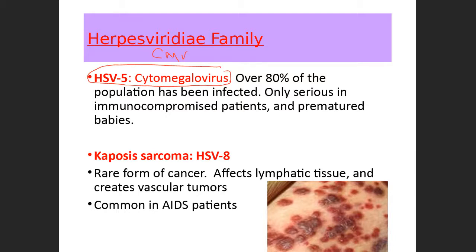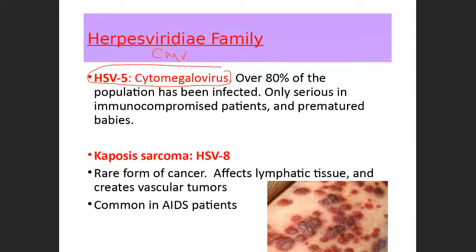So the only time that the virus comes out is when we're severely immunocompromised. We did not even know the existence of the virus until we began to have severely immunocompromised patients, as in HIV patients or cancer patients or transplant patients.